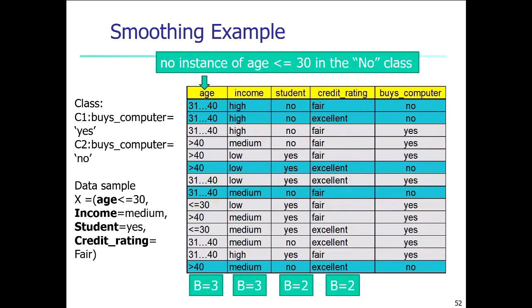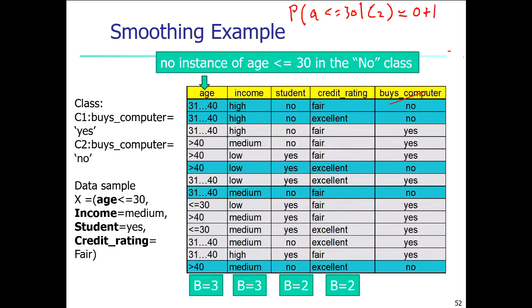Then when we want to predict the class of this x, we need to compute the probability of age smaller than or equal to 30 given C2, where C2 is no. Previously, we would get 0.